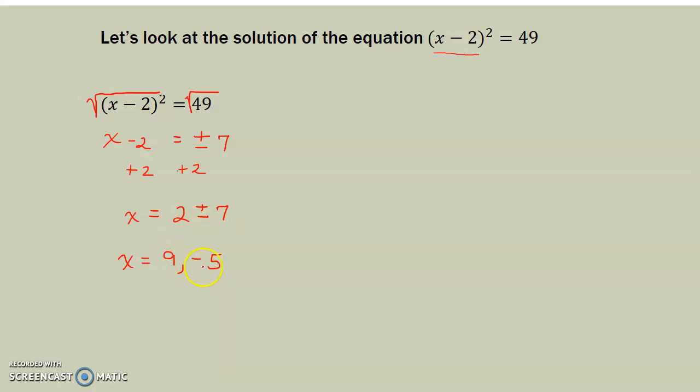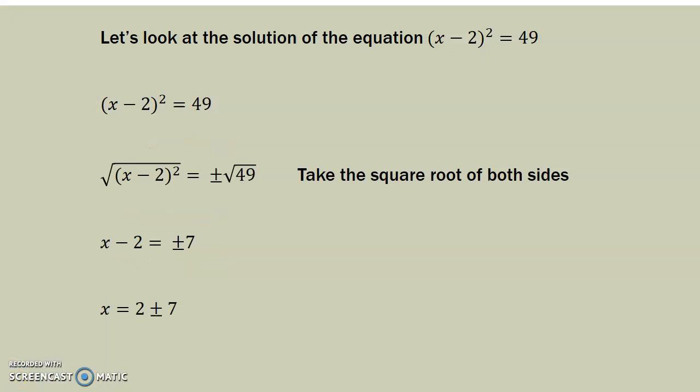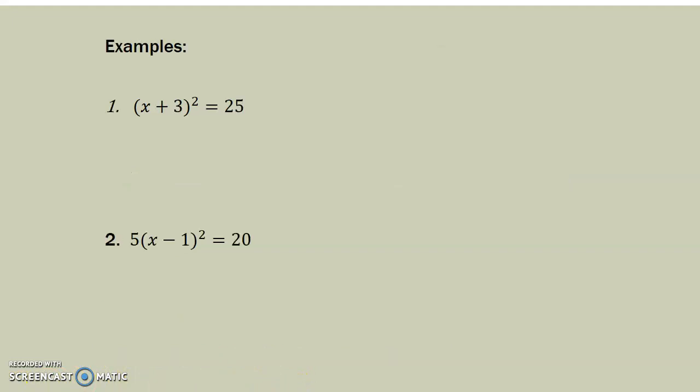So those are my two solutions there, 9 or negative 5. If I plug in here, subtract 2, take that and square it, it will equal 49. All right, so here's another, let me go ahead and erase my ink there. And this kind of walks that through again, if you want to pause that and look at that again.